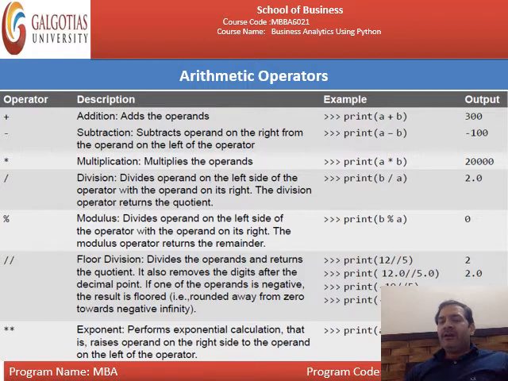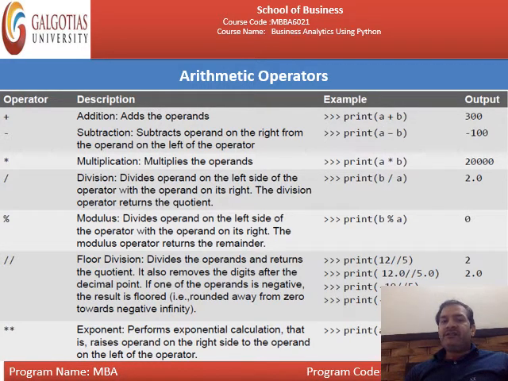When you subtract 200 from 100, the answer will be minus 100. a multiplied by b, 100 multiplied by 200, that will definitely be 20,000. b divided by a, that means 200 divided by 100, the answer will be 2.0. Okay. b modulus a. Modulus means you are talking about the remainder. While you divide 200 by 100, the remainder will be 0.